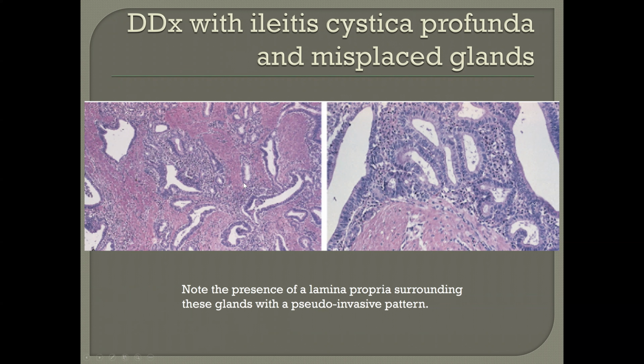We have a lamina propria. We have a surrounding periglandular stroma that is distinct from the type of usual tumor response that you would like to see in frank carcinoma. And so being on the alert for that pitfall is perhaps worth consideration.